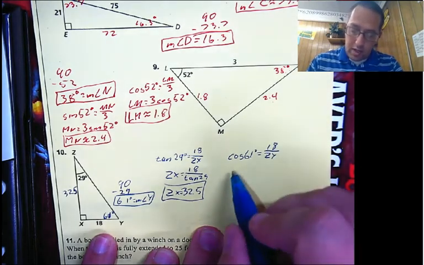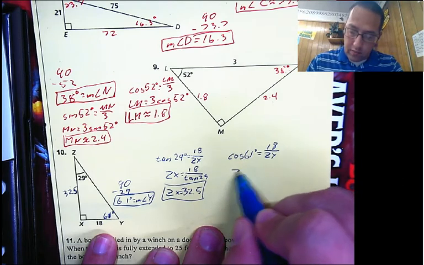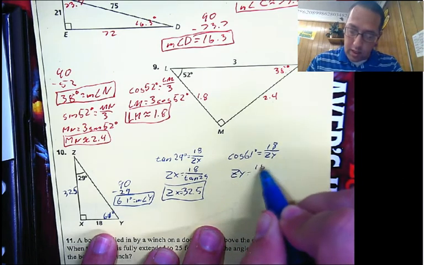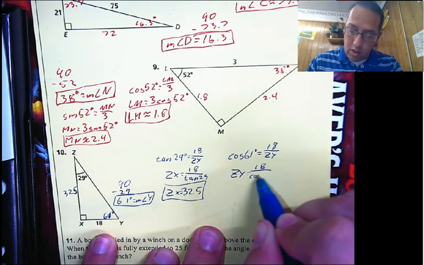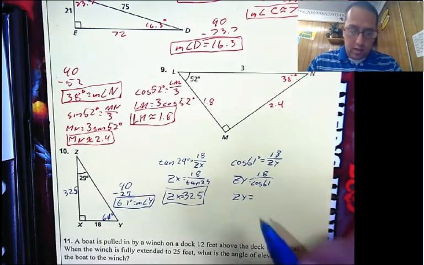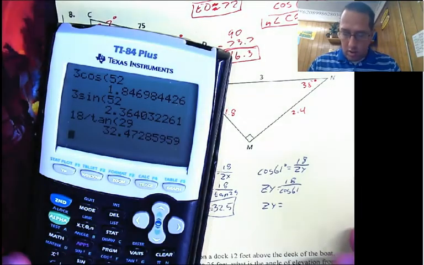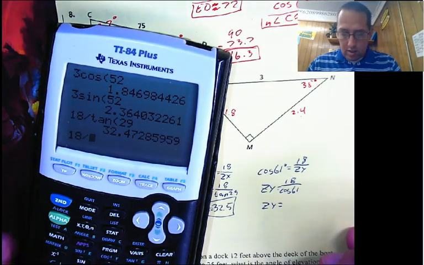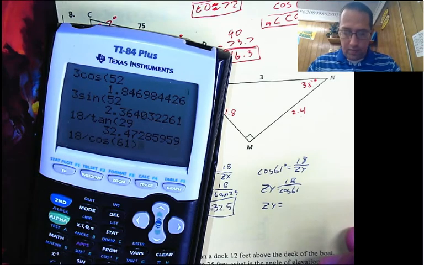So again, we're dividing here, so ZY equals 18 divided by cosine of 61, which means ZY is equal to approximately, let's see, 18 divided by cosine of 61.